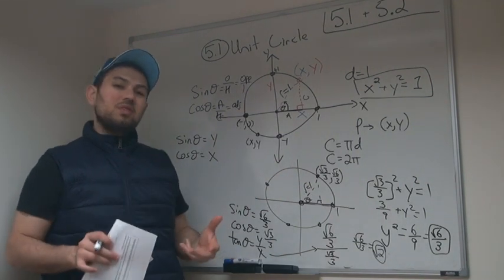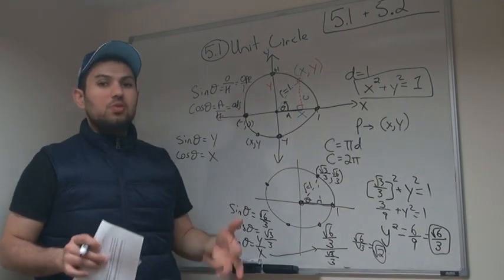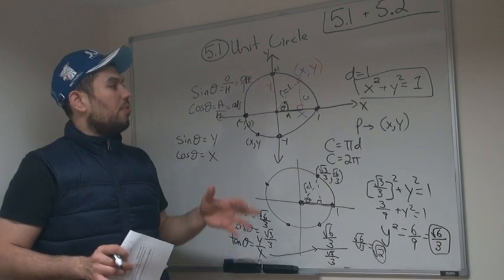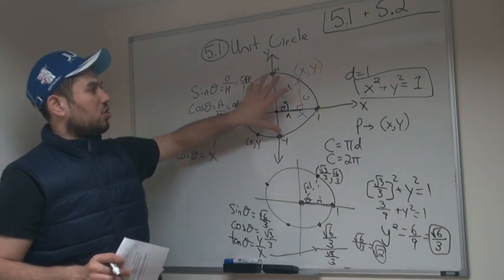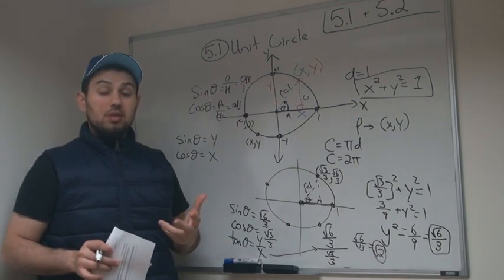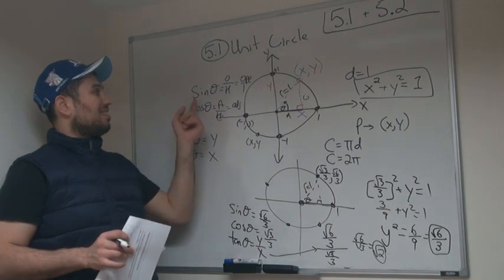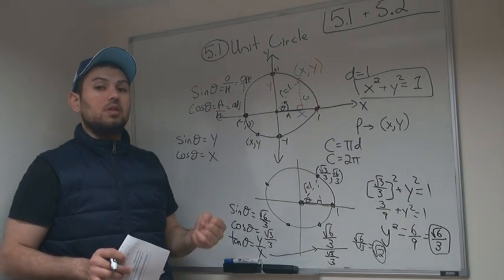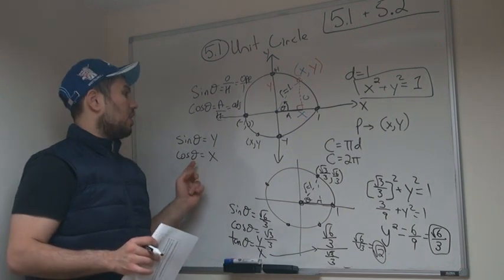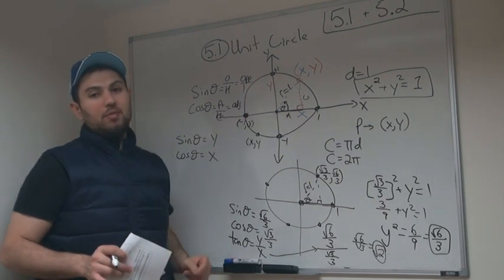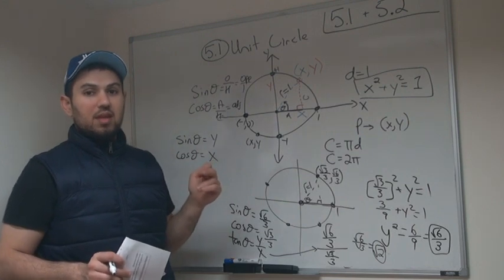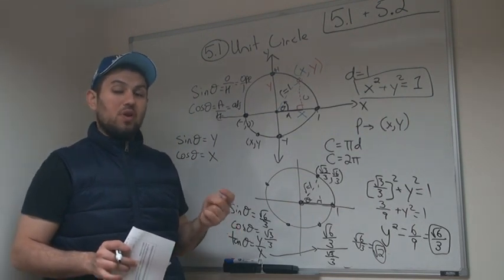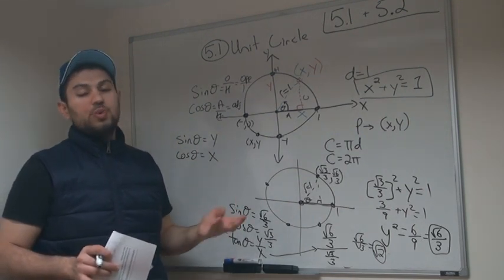So we're still using triangles, we're still using SOHCAHTOA, but we put them in context of a circle with a radius of 1, so that then we can say that the sine of theta is the y value of the point, because y divided by 1 is y. The cosine of theta is the x value of the point, because adjacent over hypotenuse, or x over 1, would just be x.